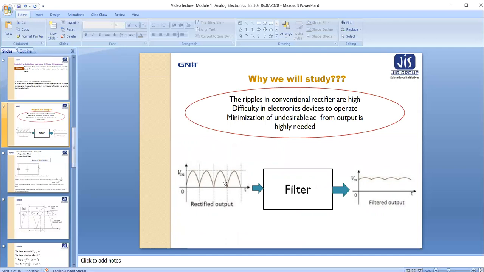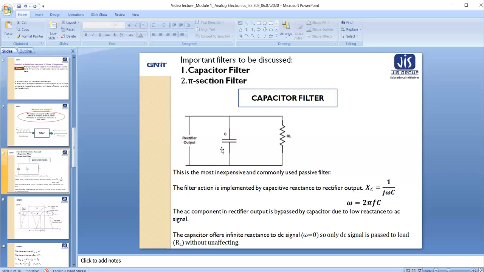So when the higher frequency reaches the capacitor, it will automatically bypass through the capacitor to the ground, and the DC signal present in the rectifier output will not pass through this capacitor due to infinite reactance. It will pass through the load resistance and build up a voltage across it. So thus, across the load resistance, we will get a nearly smooth signal, which is our desired outcome.